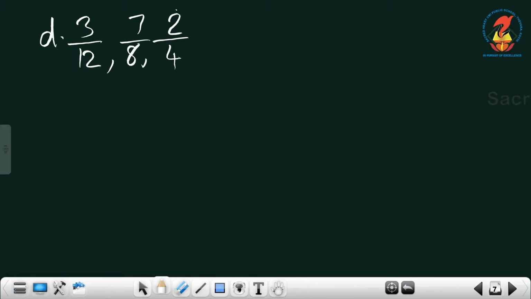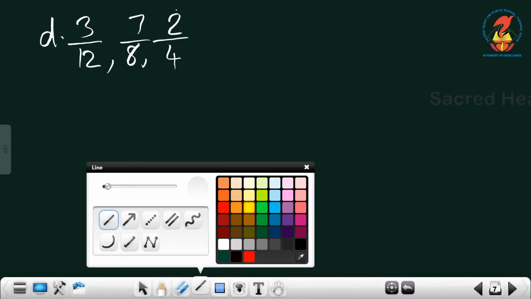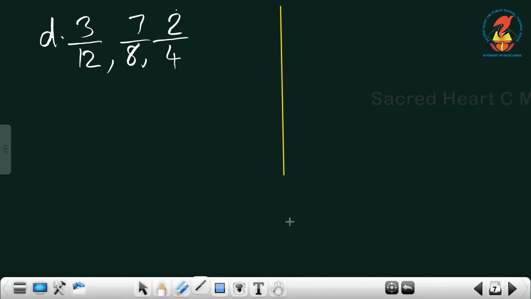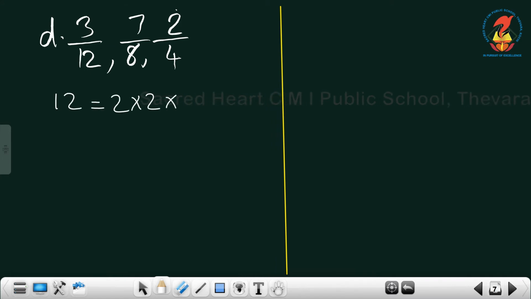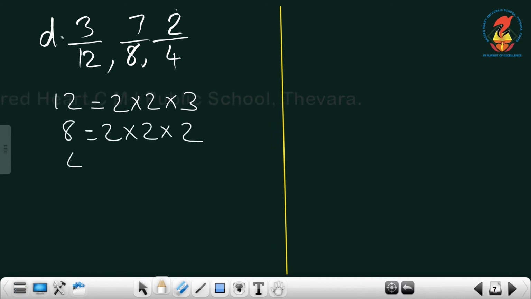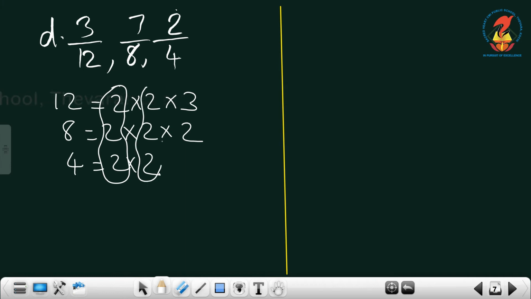Okay. First I need to take the prime factorization. 12 is 2 into 2 into 3, okay, and 8 equals 2 into 2 into 2, and 4 equals 2 into 2. We need to make the common 3 one group, and here one more 2 is common.